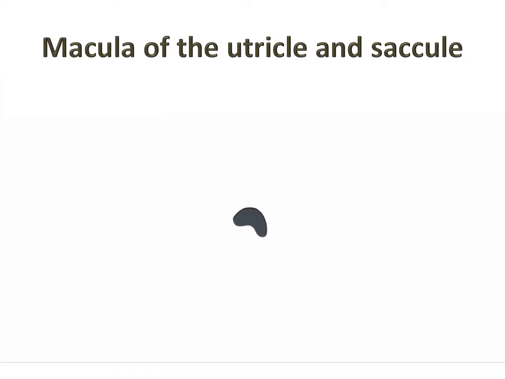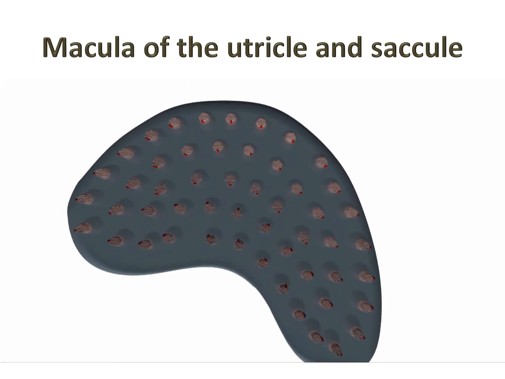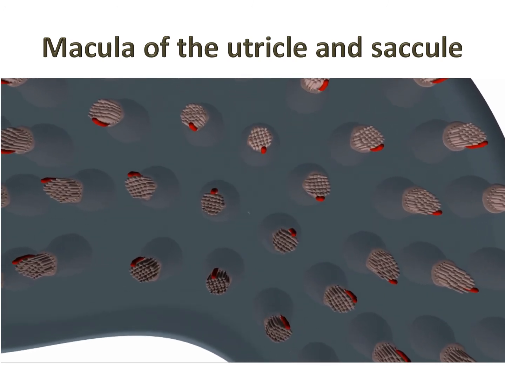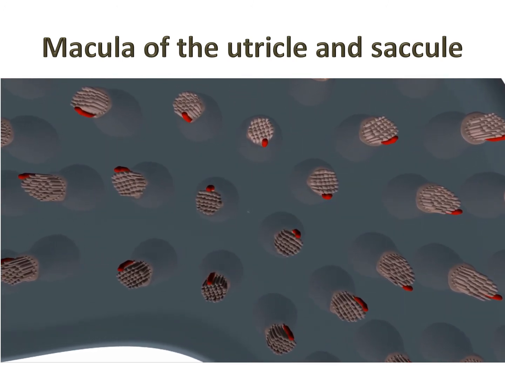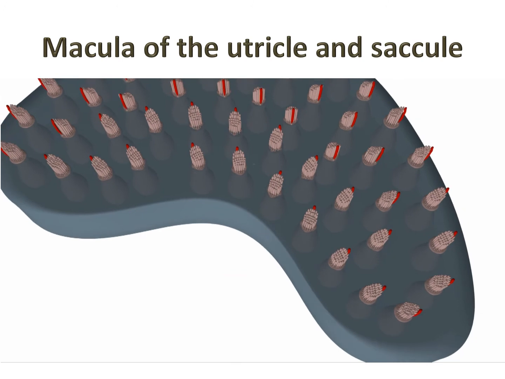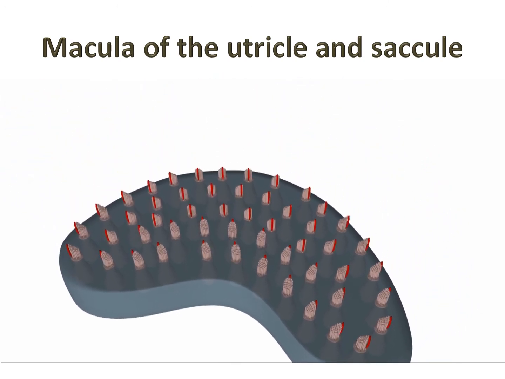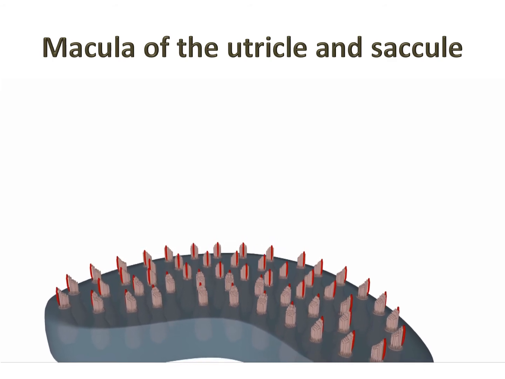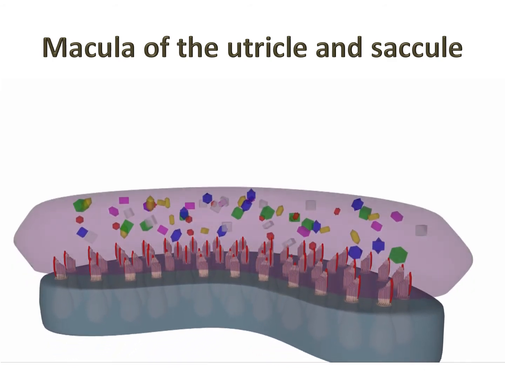The maculae of the utricle and the saccule are covered by a patch of hair cells, each in a slightly different orientation. The tips of the hair cells are covered with and in contact with a gelatinous mass, which is embedded with dense structures made out of proteins and calcium carbonate, known as otoliths or statoconia.